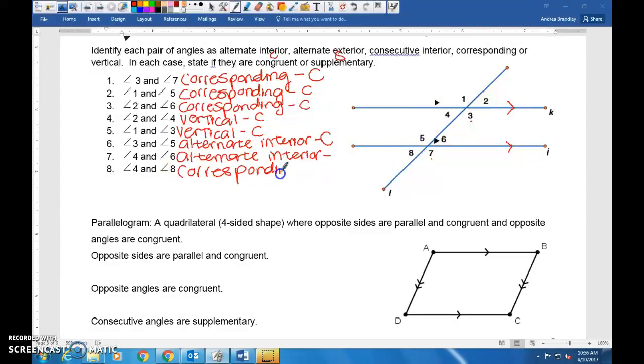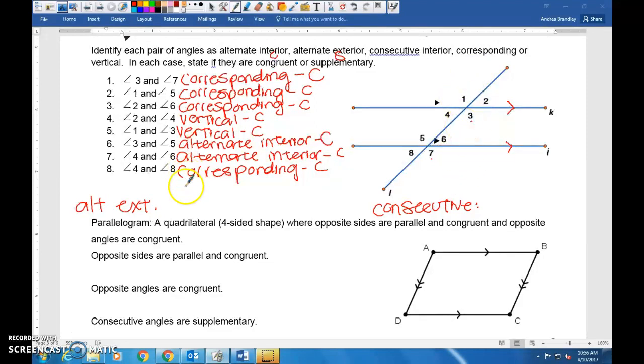So with all of those examples, we didn't see any that were alternate exterior, and we didn't see any that were consecutive. So I'm going to point those out to you. Alternate exterior angles have to be outside the parallel lines and on alternate sides.